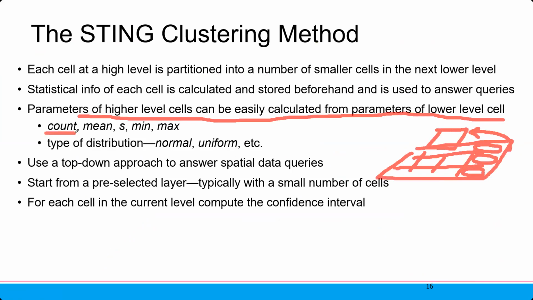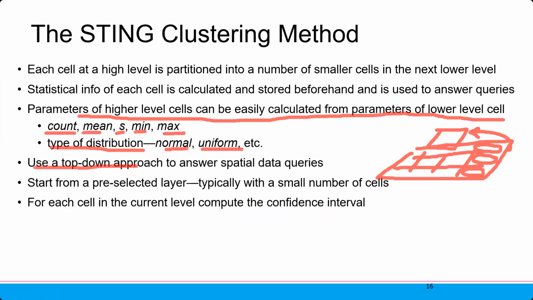For example, the count, or the mean, or the standard deviation, or the minimum or the maximum value, and also the distribution. So I can know the distribution type, whether it is normal distribution or uniform distribution.